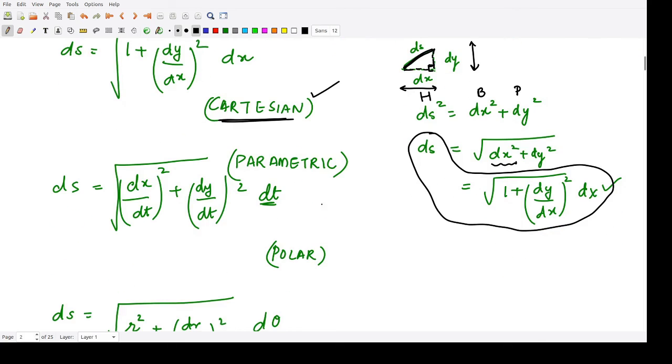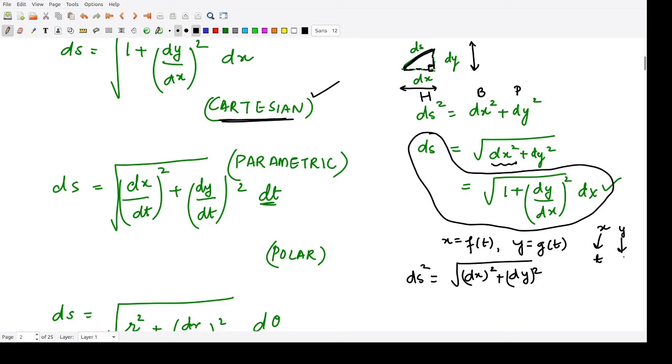Now if your curve is parametric in nature, that means you would have x equal to some function f of t and y equal to some function g of t. In that case ds square is nothing but dx square plus dy square. But now the derivative has to be performed with respect to t, because x is a function of t, y is also a function of t.